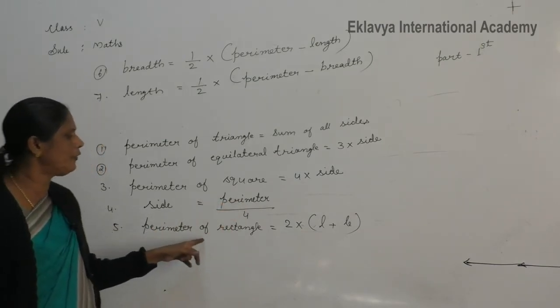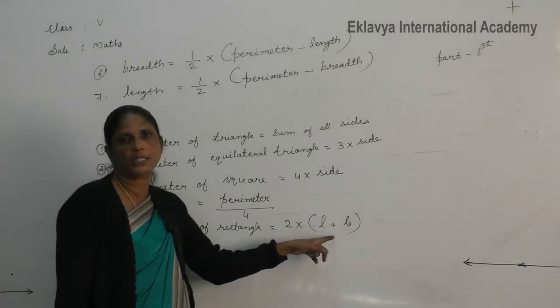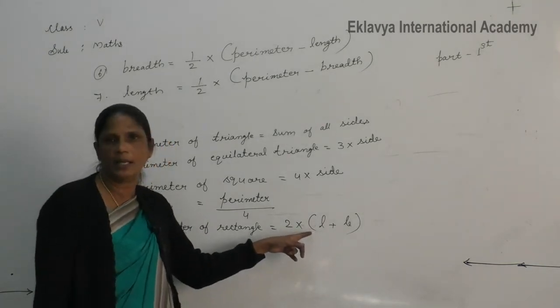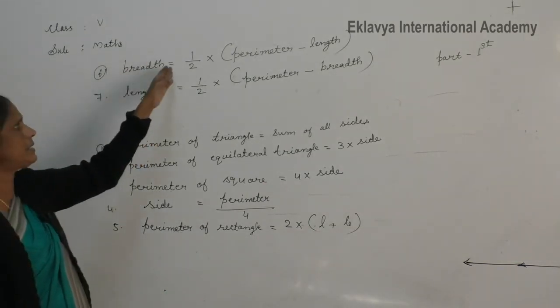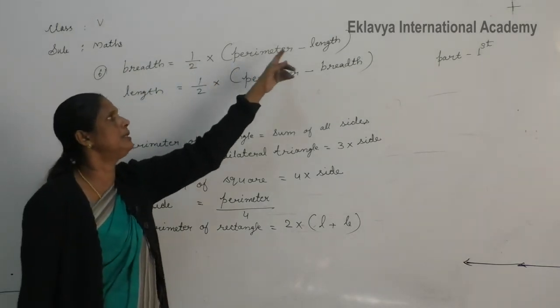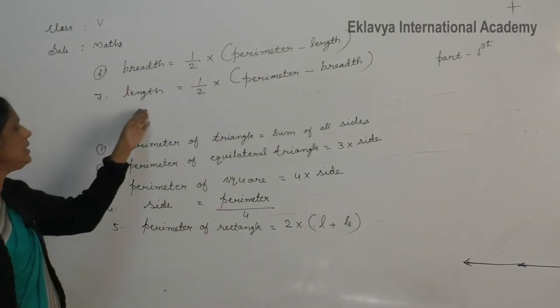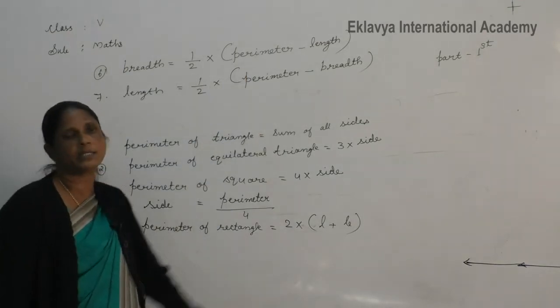Perimeter of rectangle is equal to 2 multiply (L plus B). Breadth is equal to 1/2 multiply (perimeter minus length). Length is equal to 1/2 multiply (perimeter minus breadth).